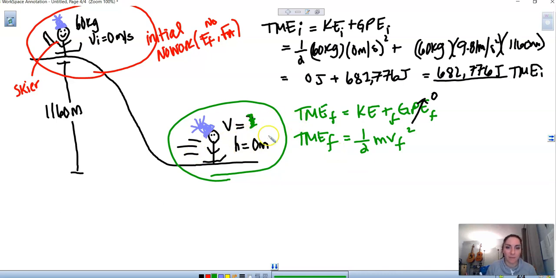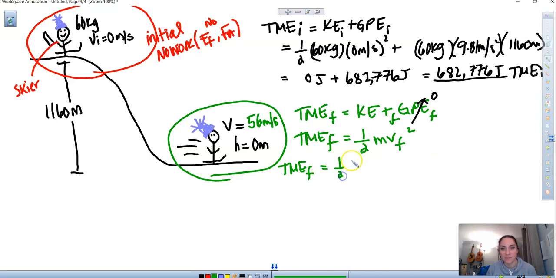I was going about, I'm just going to erase this. A little under, which is 56 meters per second. So pretty fast. I was going fast. By the way, that's pretty fast, right? I would not want to not know how to ski at that speed.